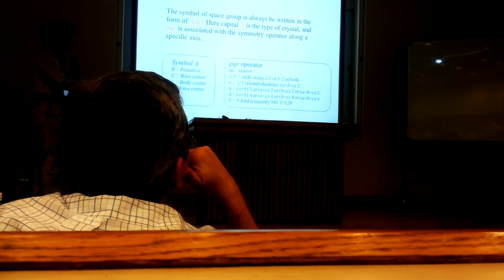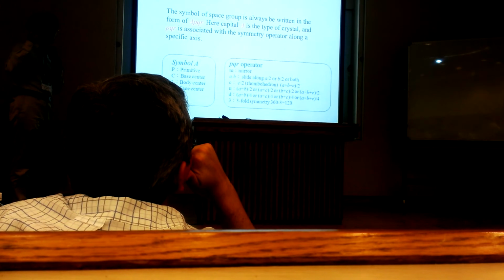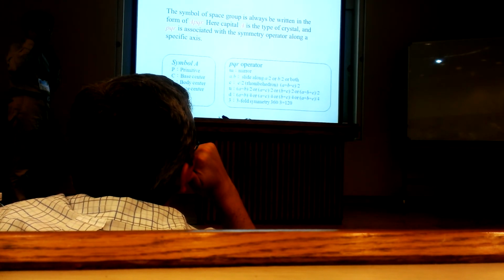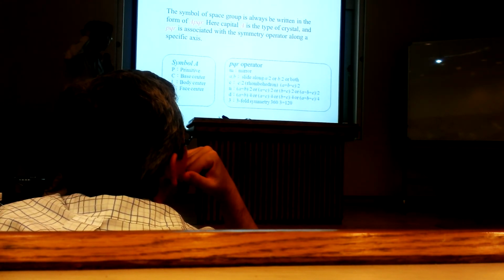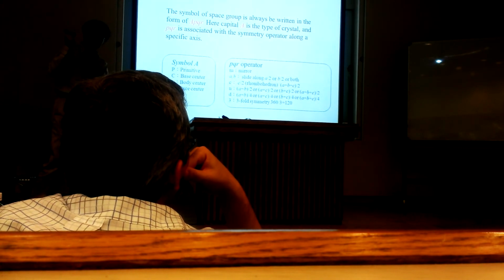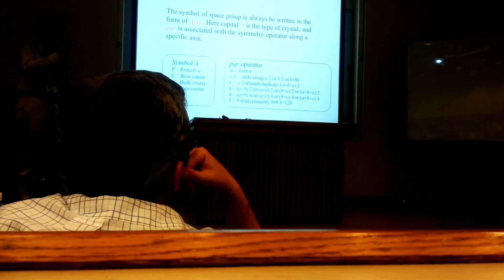This symbol has a lot of meanings. If you know the meaning of this symbol well, you can construct a crystal structure in your mind before you actually see the drawing of the structure. So what's the meaning of these symbols?